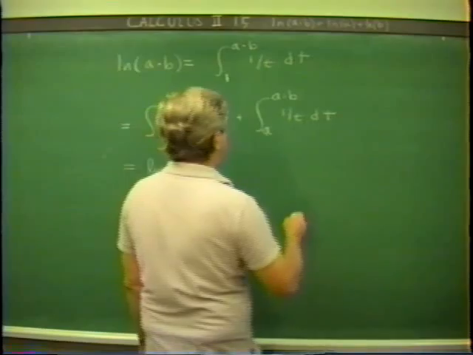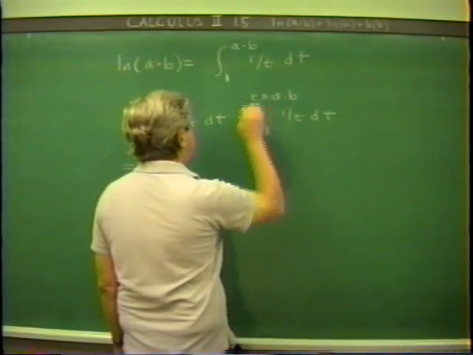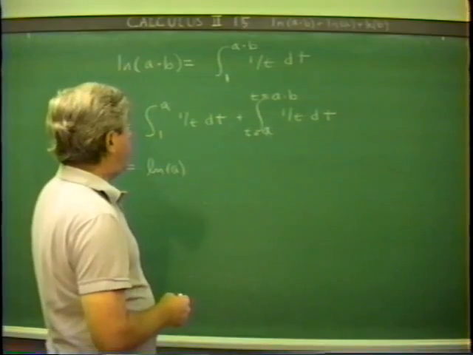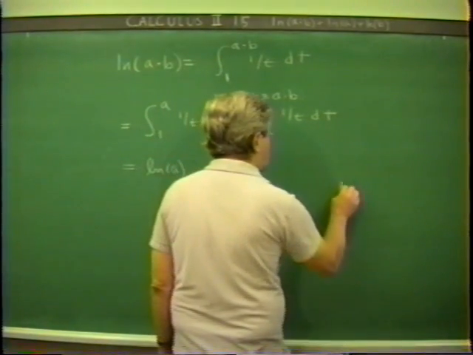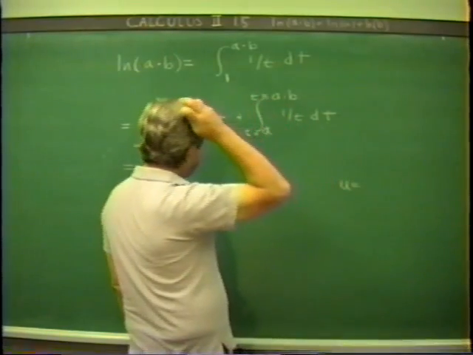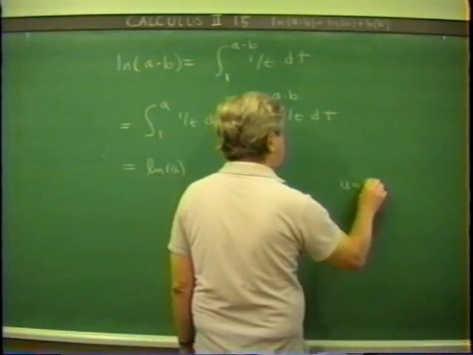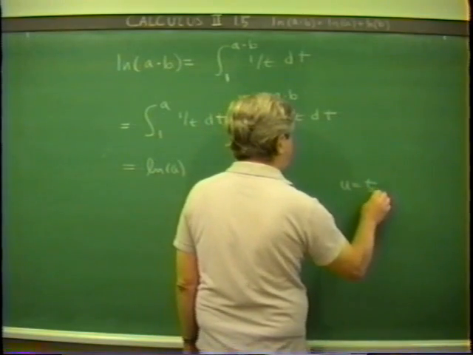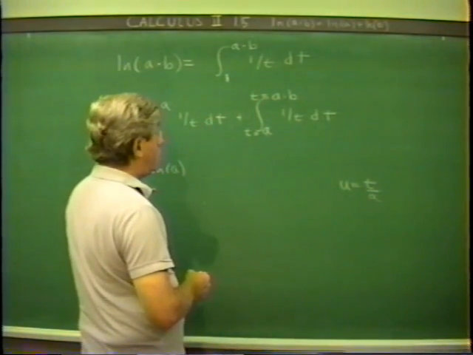And now what I want to do is make a change of variables in here. See, this goes from when t is equal to a to when t is equal to a times b. So I want to let u be equal to, let's say, t over a.